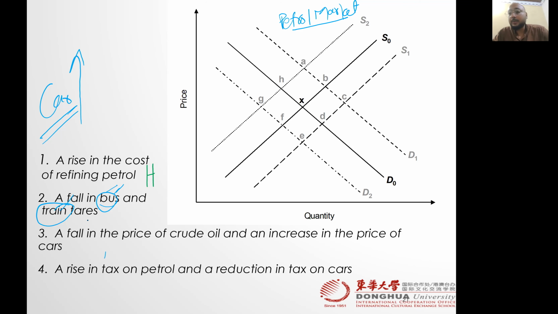So a fall in the bus prices. Number one, those who were traveling by buses and trains now shift towards their personal conveyance or taxis, or maybe buy a car. When they buy a car or shift towards taxis, consumption of petrol rises. So is this demand or supply?